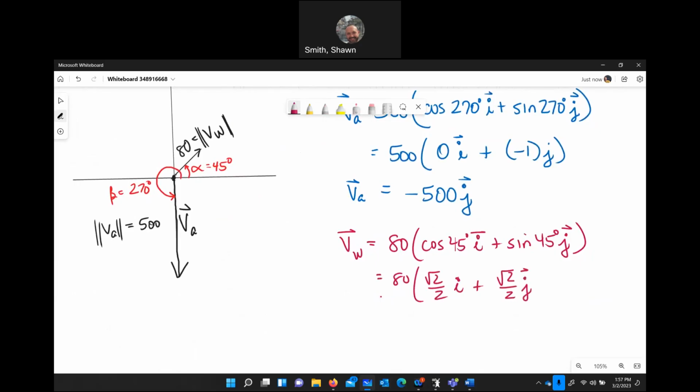Distribute across, simplify. That gives you 40 square root of 2 times vector i plus 40 square root of 2 vector j.